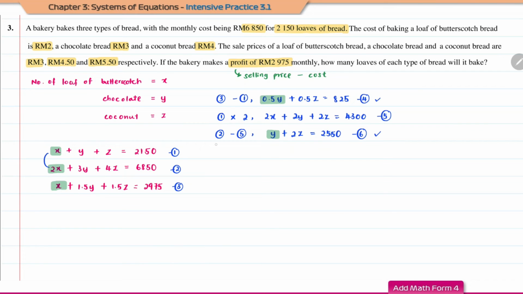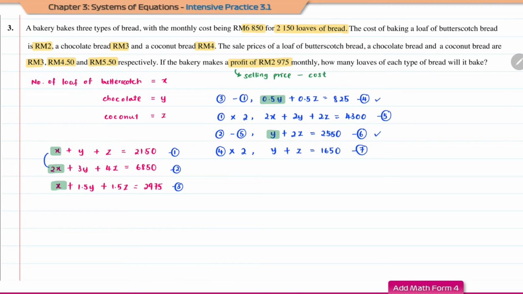For equation number 4, I'm going to multiply it by 2. So 0.5y multiplied by 2, you're going to have 1y. And then 0.5z multiplied by 2 is 1z. And then 825 times 2 will become 1,650. So this will be equation number 7.